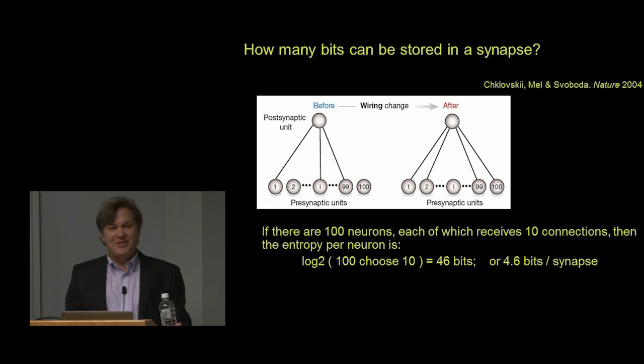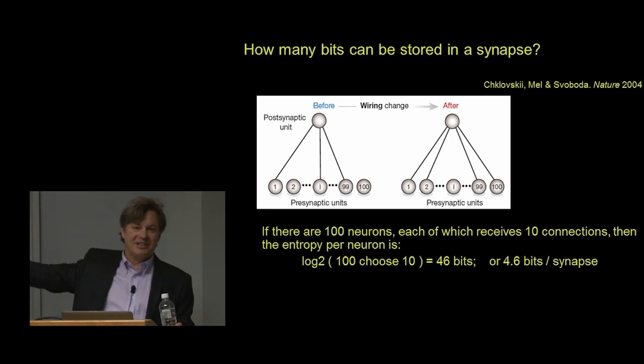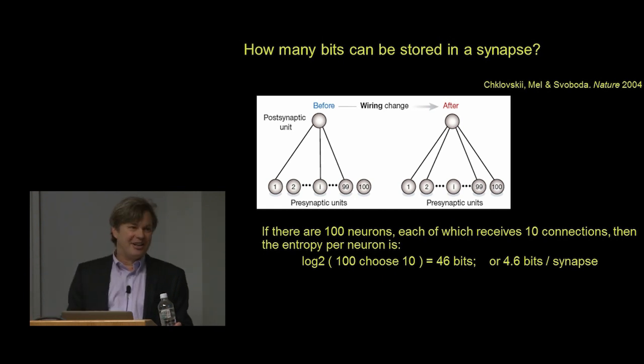It's the number of different ways you can choose 10 objects out of a hat with 100 labeled objects. And if you do the math, that gives you 46 bits for these 10 synapses.